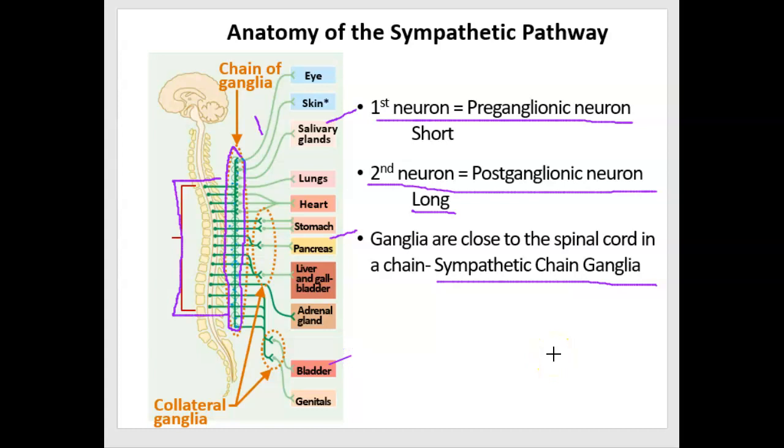There are some examples of other ganglia associated with the sympathetic pathway that are not part of this chain. They're called the collateral ganglia, but they're still, generally speaking, not so close to the organ of innervation. They're still closer to the central nervous system.